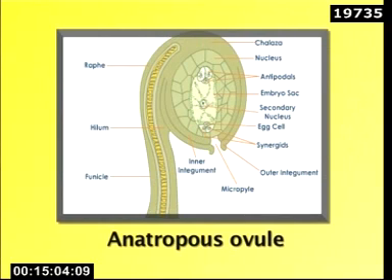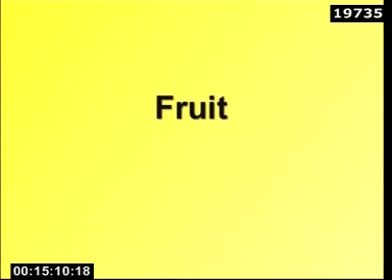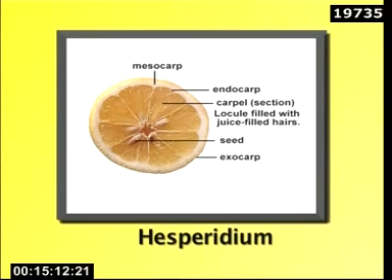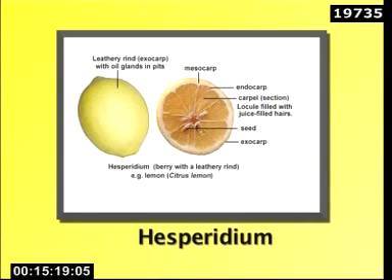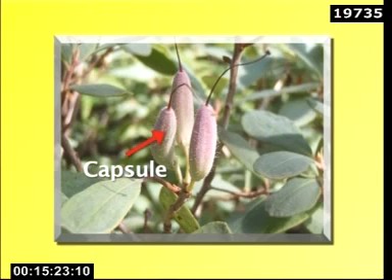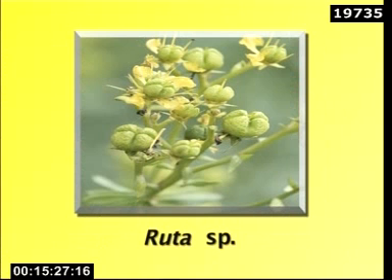Ovules in the family Rutaceae are anatropous or hemianatropous. Fruit in the family Rutaceae is hesperidium, which is a berry with a leathery rind and is characteristic to the family, especially the genus Citrus. The fruit can even be a capsule, as we can see in Ruta.